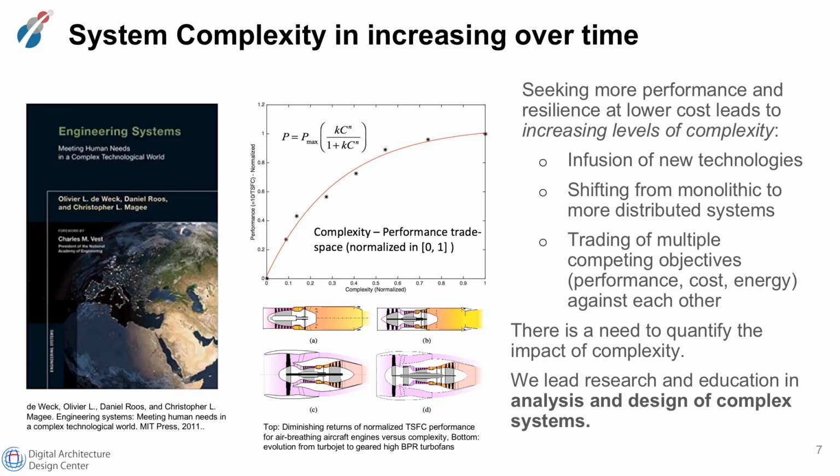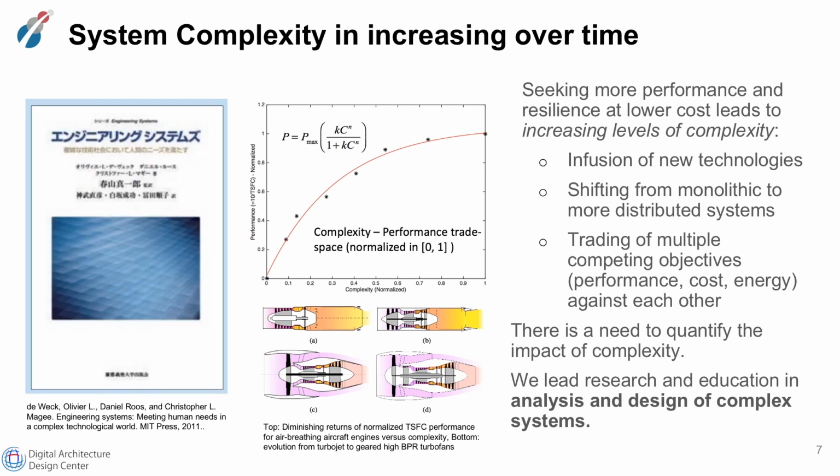So we need to think about how to deal with this new world, which has much more complexity in it, but also much higher levels of performance. And we described these trends in a book that came out 10 years ago, but then was translated to Japanese in 2014. And again, I want to thank Shirasaka Sensei and the colleagues, particularly at Keio University, for helping with this translation.